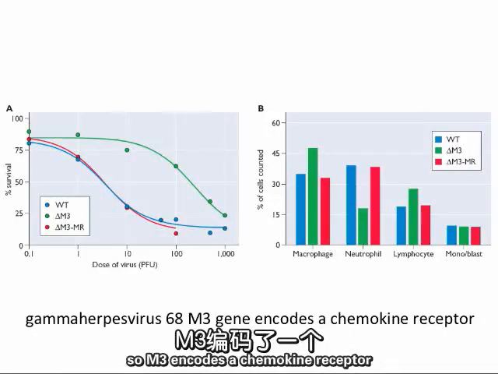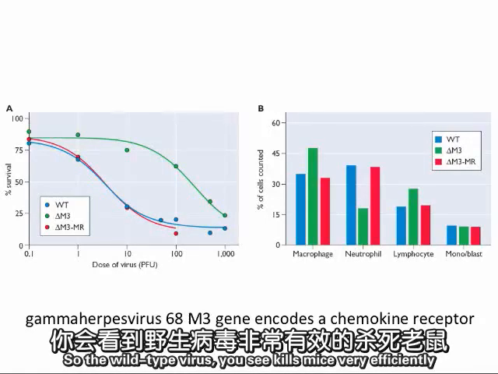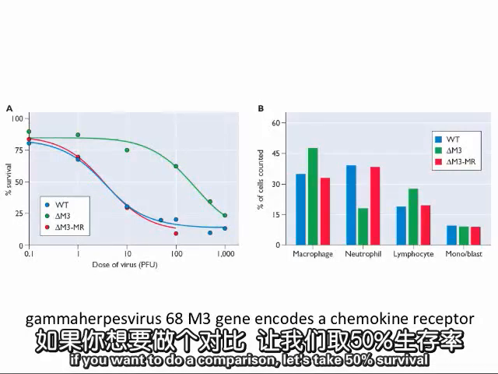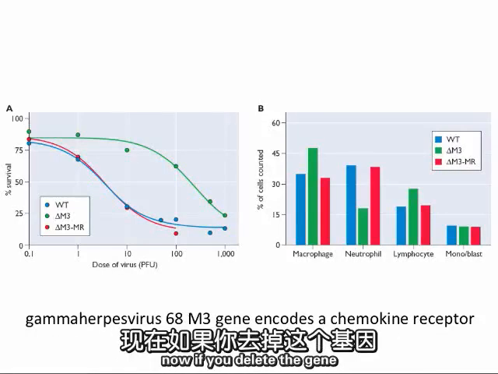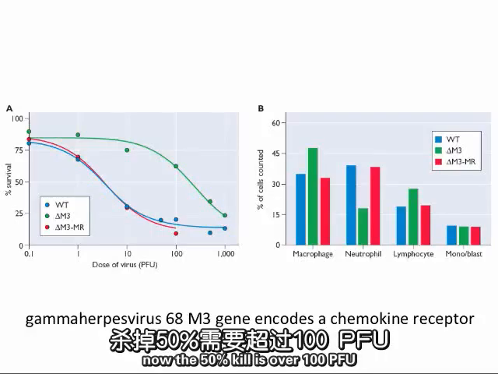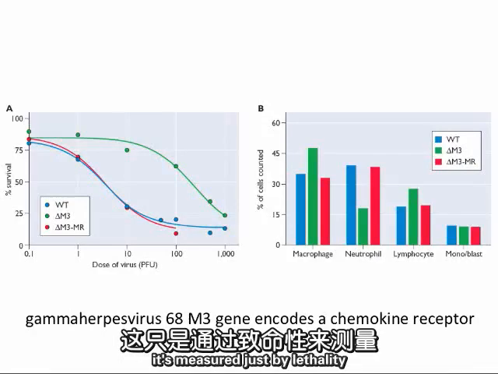So M3 encodes a chemokine receptor, which is needed to antagonize immune responses. So the wild-type virus, you see, kills mice very efficiently. If you want to do a comparison, let's take 50% survival. So that's about 5 PFU of virus for the wild-type. Now, if you delete the gene, the 50% kill is over 100 PFU. So you can see this has attenuated the virulence of this virus as measured just by lethality.